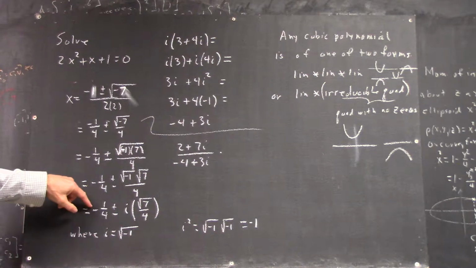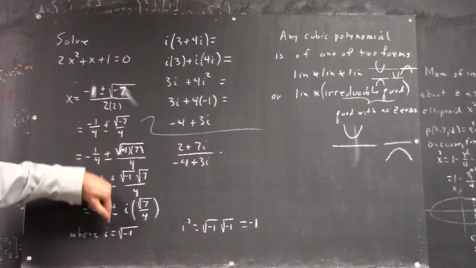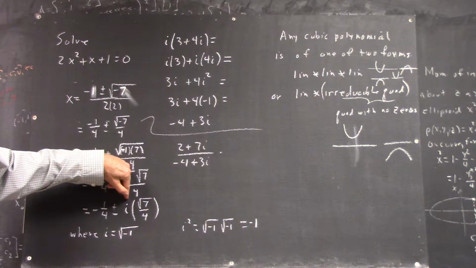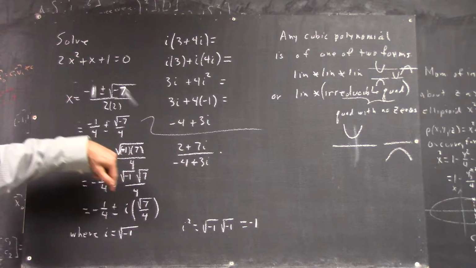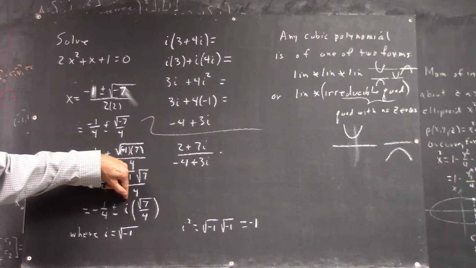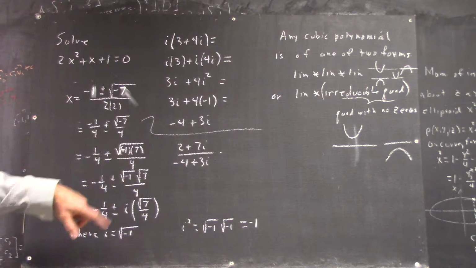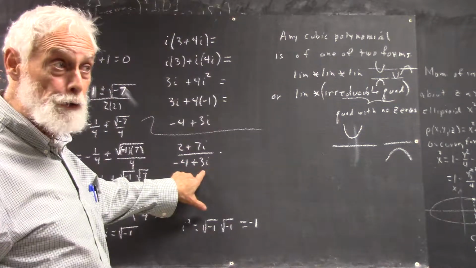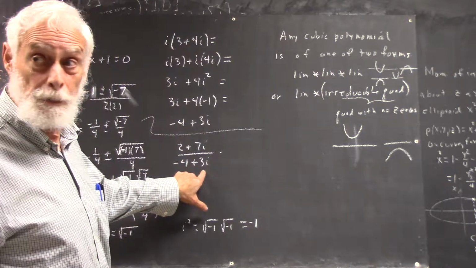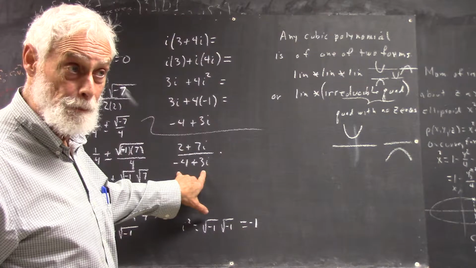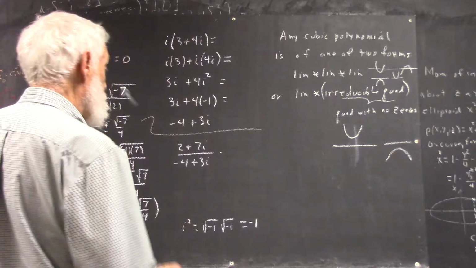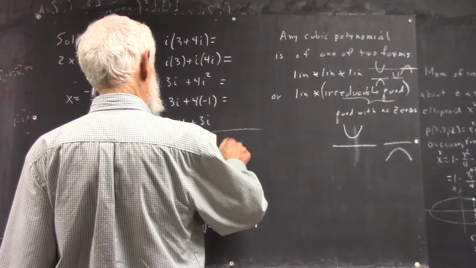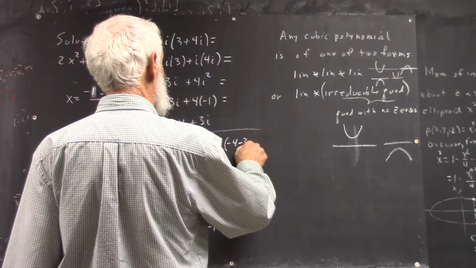Notice when I did this, I have a real number plus or minus an imaginary number, right? If I multiply those two, I get a real number. So if I multiply this by its conjugate, I'm going to have a real number in the denominator. I don't want an imaginary number in my denominator. So I multiply by the complex conjugate, which is negative 4 minus 3i.